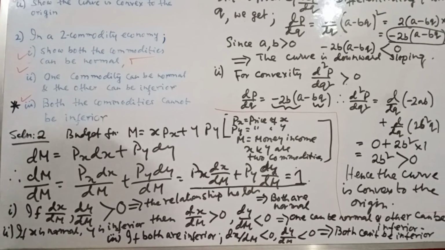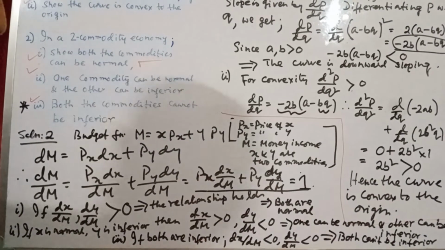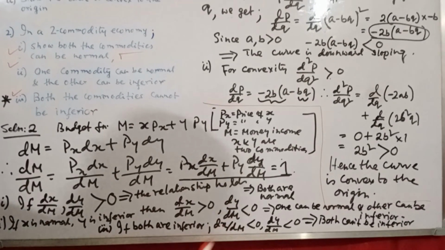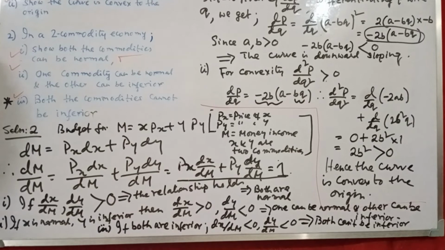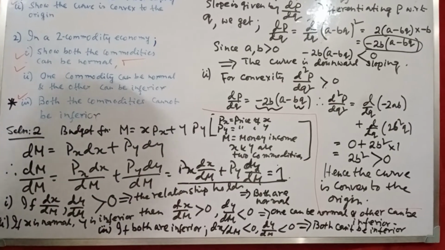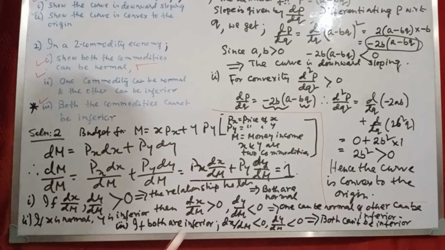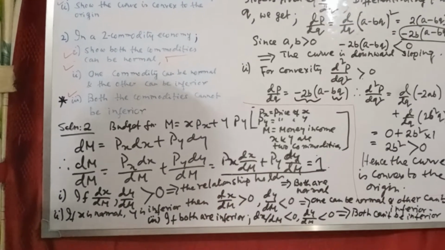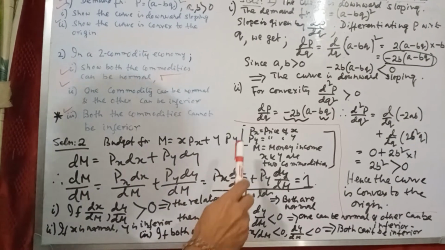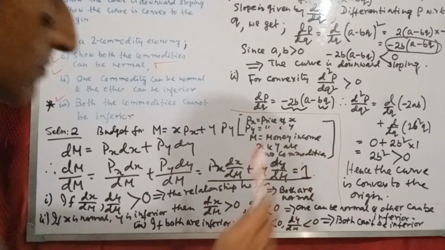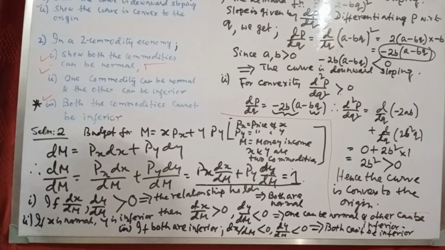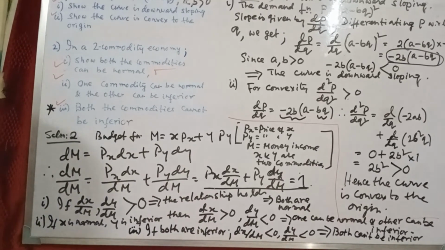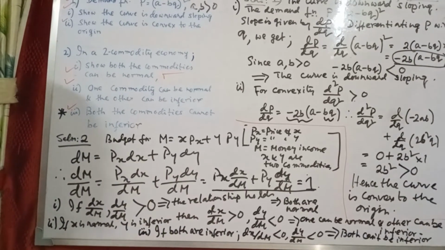In the same way, we can show that y can be normal and x can be inferior. In that case, dy/dm will be greater than 0 and dx/dm will be less than 0. Still this relationship will hold good. So this is also a possibility.